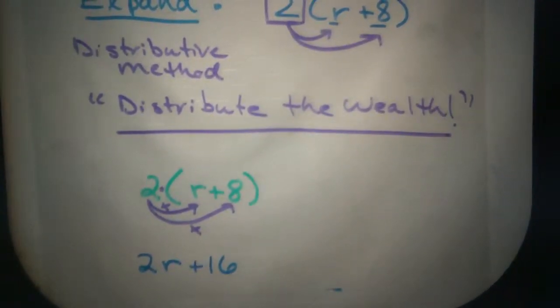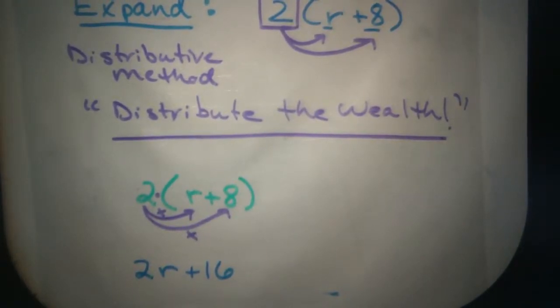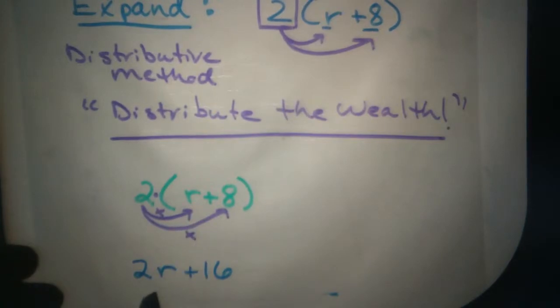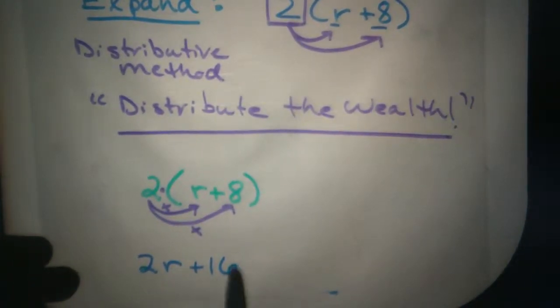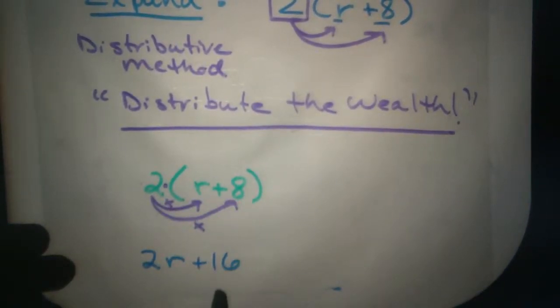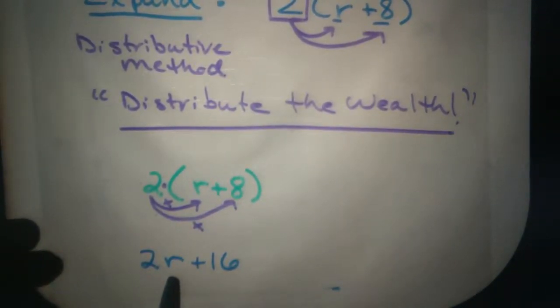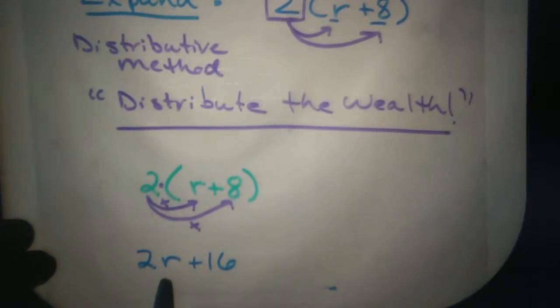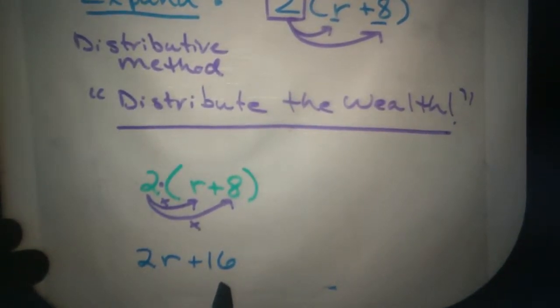Alright, so we expanded the terms inside the parentheses. We made R larger by multiplying the 2 with it. We made 8 larger by multiplying the 2 with it. So now we have an expanded version of the R, it's 2R. We have an expanded version of the 8, it's now 16.